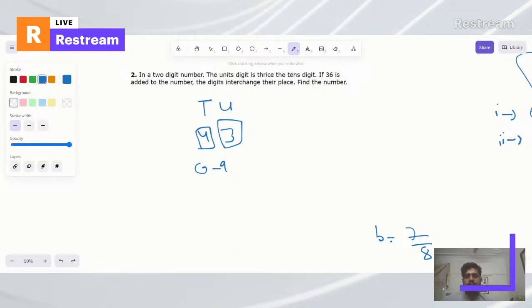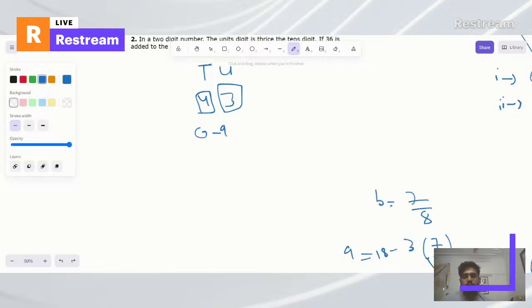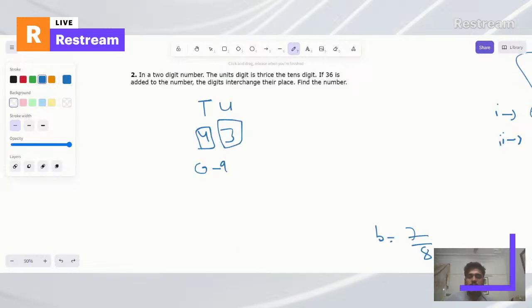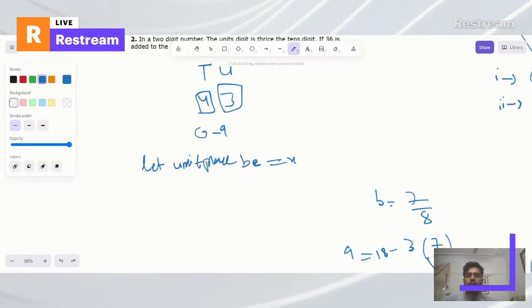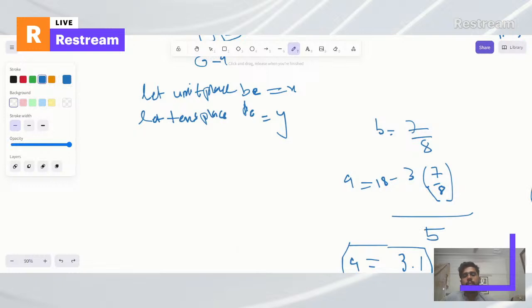Right, so how are we going to solve this word problem? I'm going to suppose some things. Let the unit place be equal to x, and let the tens place be equal to y, right?